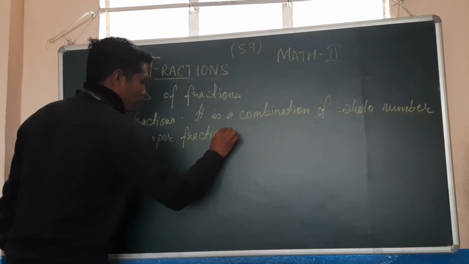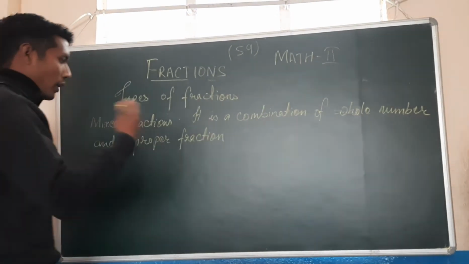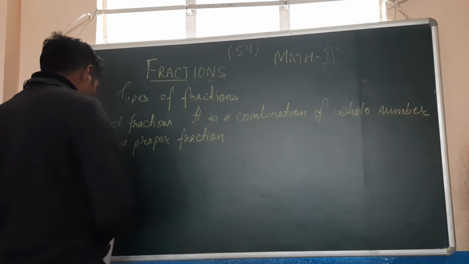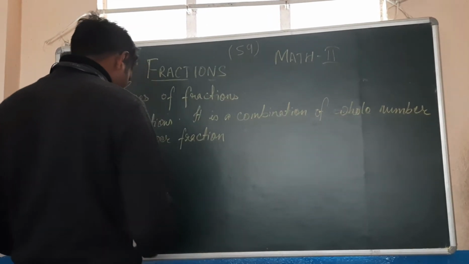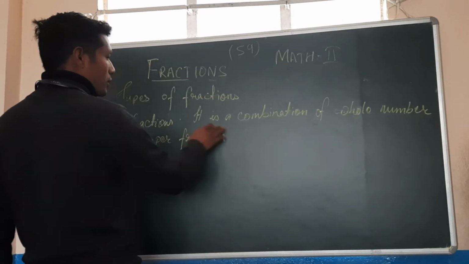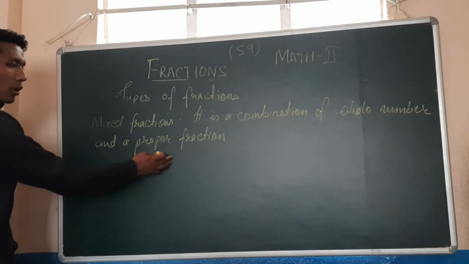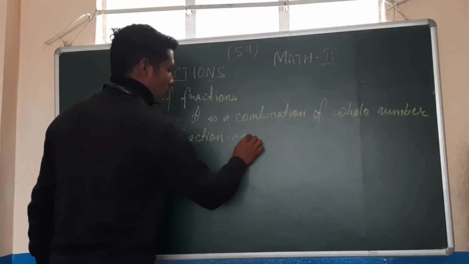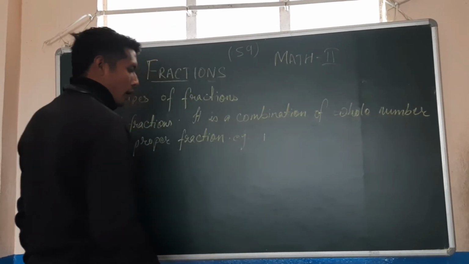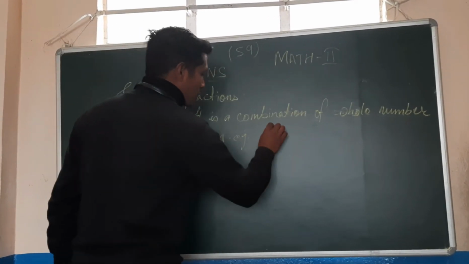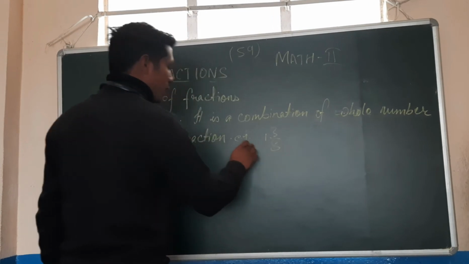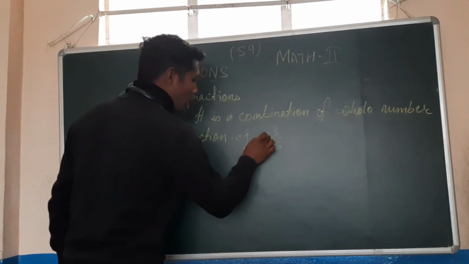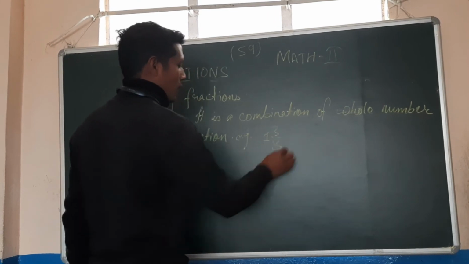We learned about the proper fraction. A proper fraction is a fraction in which the numerator is always smaller than the denominator. So, in this case, it is a combination of a whole number and a proper fraction. Let us say, for example, 1 is a whole number and the combination of the proper fraction 3 by 8. So this type of fraction is known as a mixed fraction, where you get the whole number as well as the fraction.